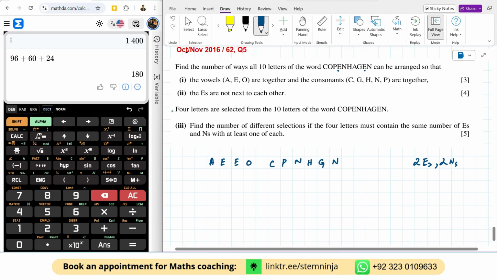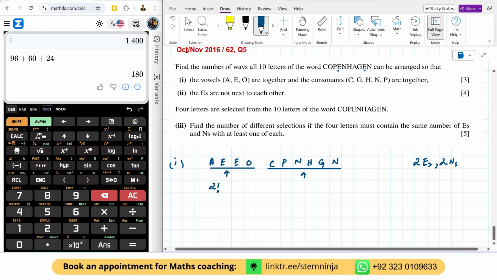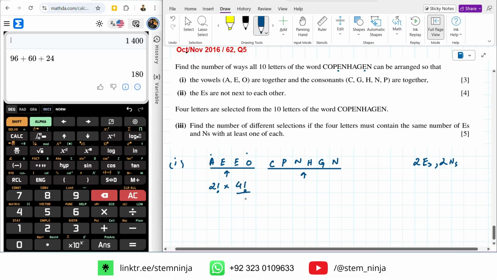So the vowels are together and the consonants are together. So basically these will be 2 groups that we will be making, and the groups obviously can rearrange. So 2 factorial for these 2 units. And inside those, we have 4 factorial divided by 2 factorial for 2 E's.